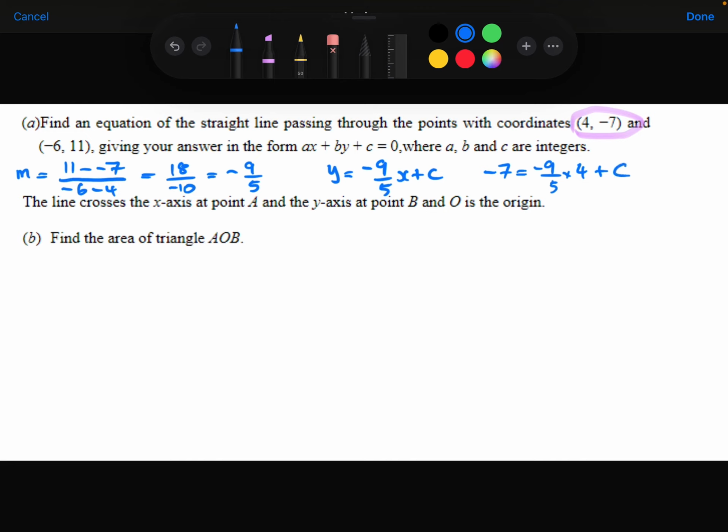The -9 over 5 times the 4 is -36 over 5, which I will then add to the -7 to work out my c.